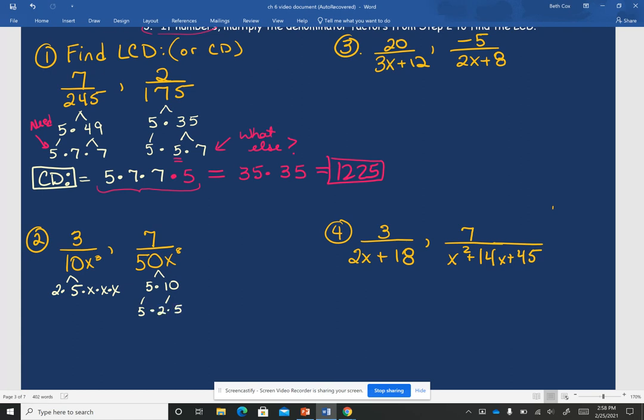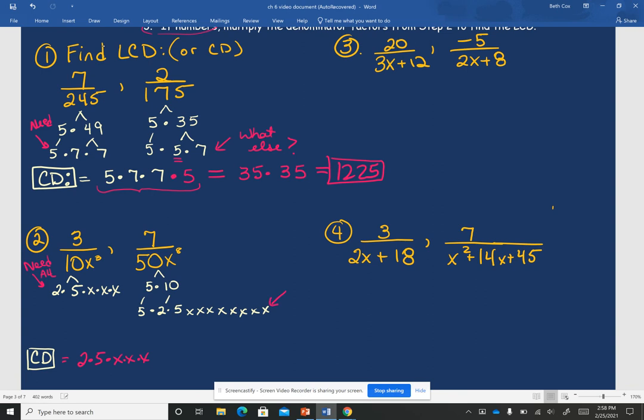And I've got x to the 8th. So that's x, x, x, 4, 5, 6, 7, 8. Okay, so now my common denominator. I need all of the first one. So I've got 2 and 5 and those 3 x's.